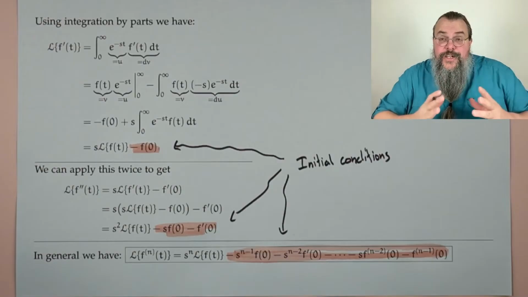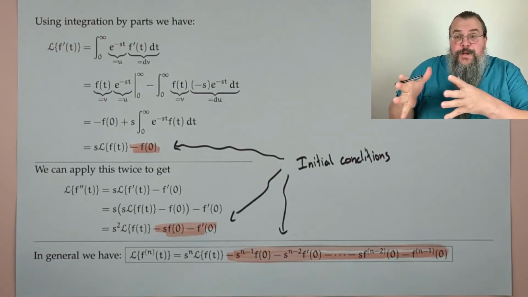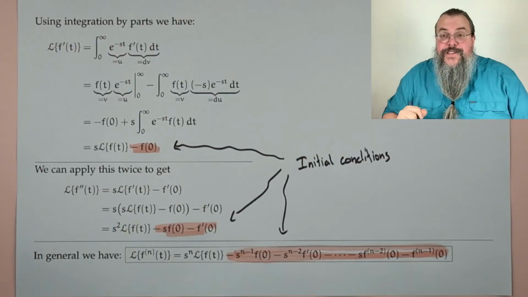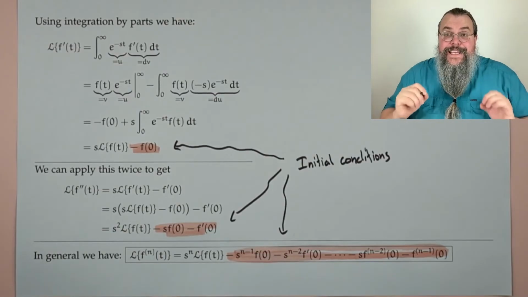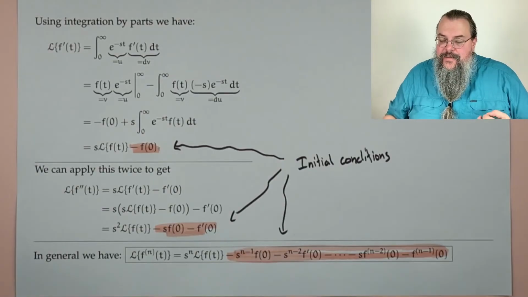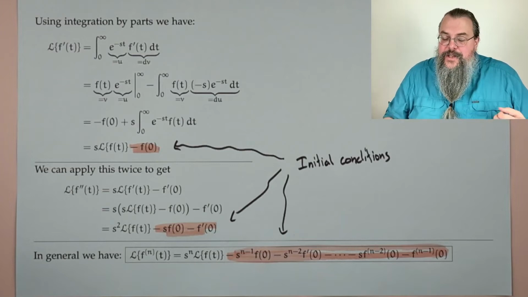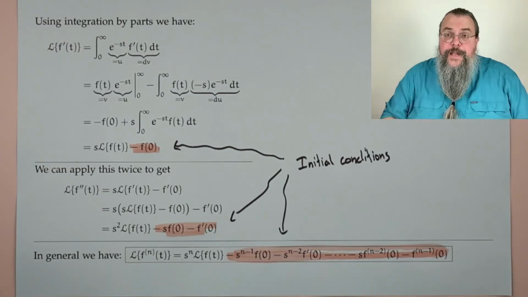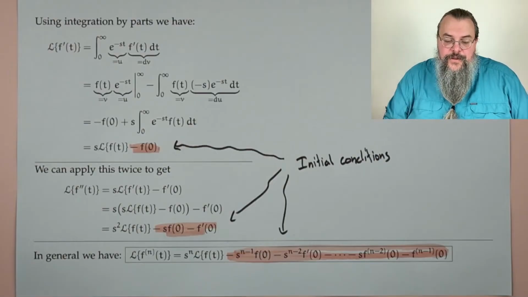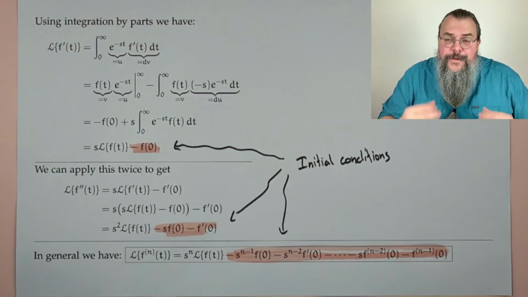So in other words, initial conditions come at the end. With Laplace transforms, we move the initial conditions, and they come in at the very beginning. That's a very different thing that happens here. We'll make this more clear as we go through some examples. But all right, let's try these rules out.